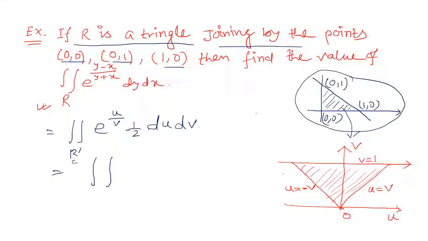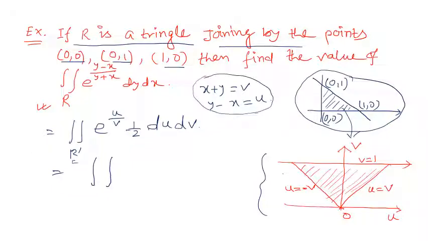The transformation was x plus y equals v and y minus x equals u. Corresponding to this transformation, this figure transforms into this figure, right? So this region is represented by R, and this shaded region is represented by R prime.